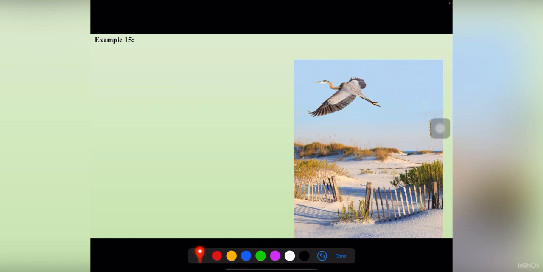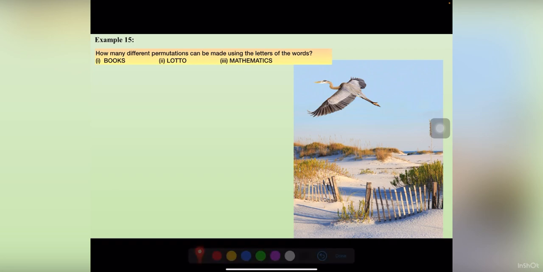Example 15. How many different permutations can be made using the letters of the words: 1. Books, 2. Lotto, 3. Mathematics. Solution. For books, the number of objects is n equals 5.